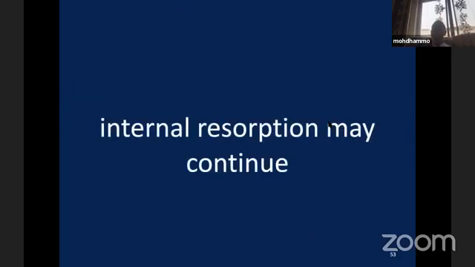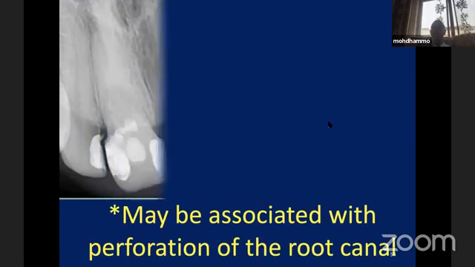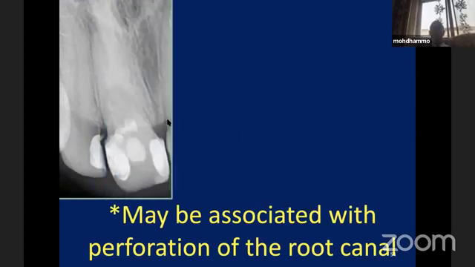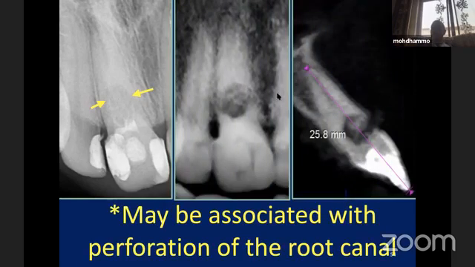If the internal resorption continues, what will happen? It might be associated with root perforation like here. If you look here, we have this radiolucency inside the tooth, which means it might be internal root resorption. And this internal root resorption continued to cause perforation of the tooth.